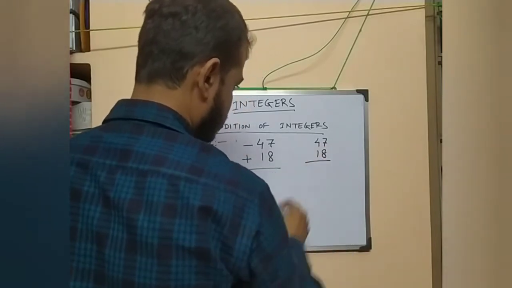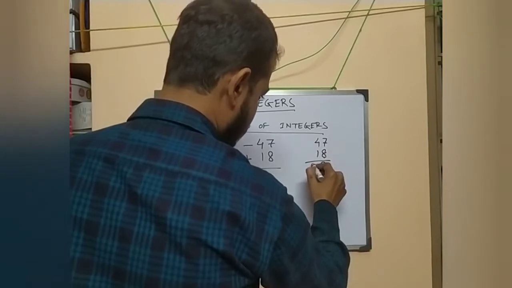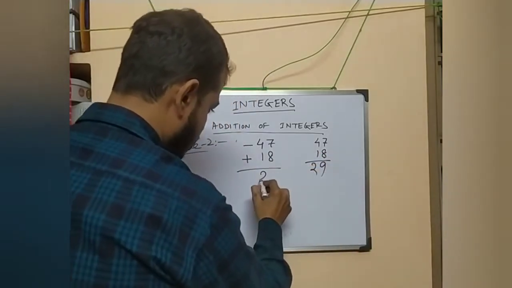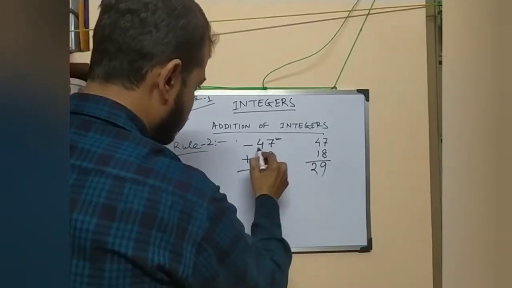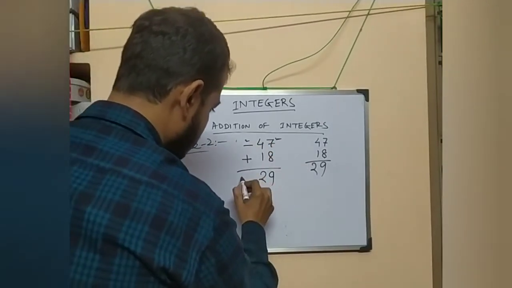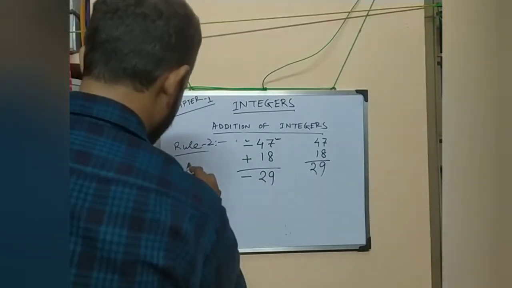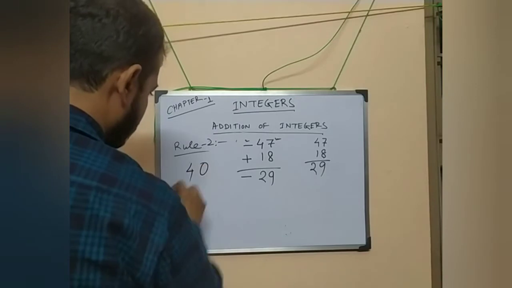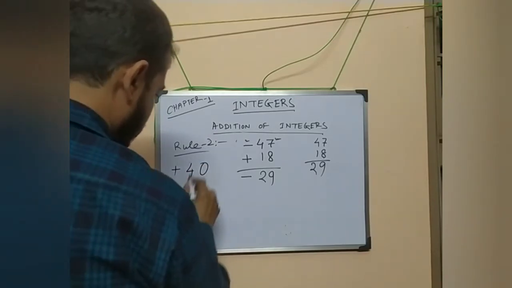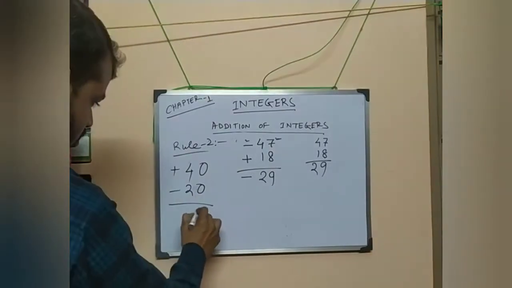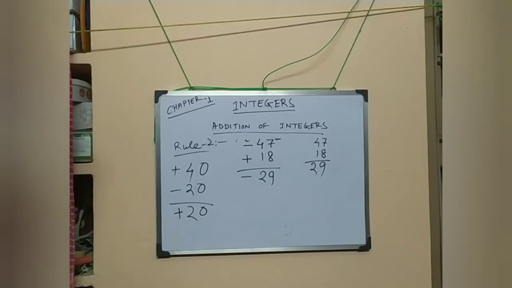This is 29, and here the biggest number is 47, and its sign is negative, so the answer is also negative. If we add plus 40 and minus 20, then we also take the difference, this is 20, and the bigger number has the plus sign, so this is also plus.